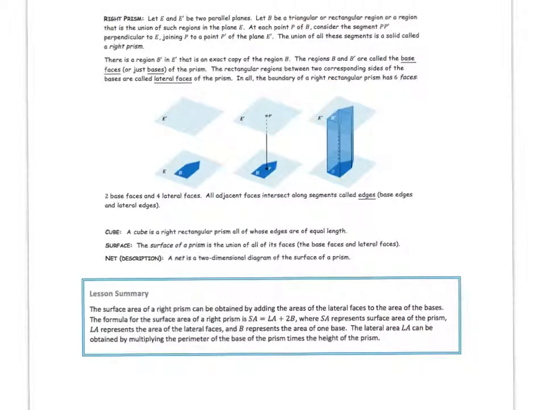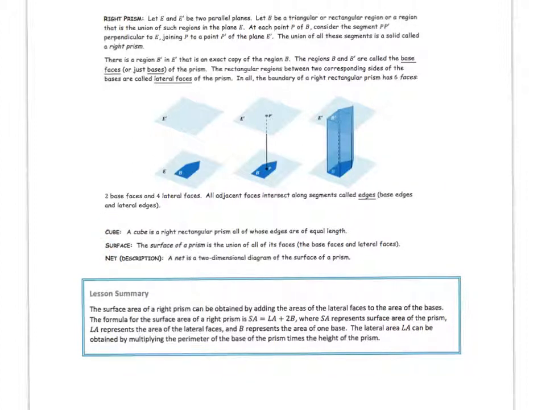So just to review some of the concepts that we've talked about, we have our right prism, and please highlight this. A right prism is when there is a shape on the top and the bottom, and they form right angles. So the two bases are perpendicular to one another. Okay?